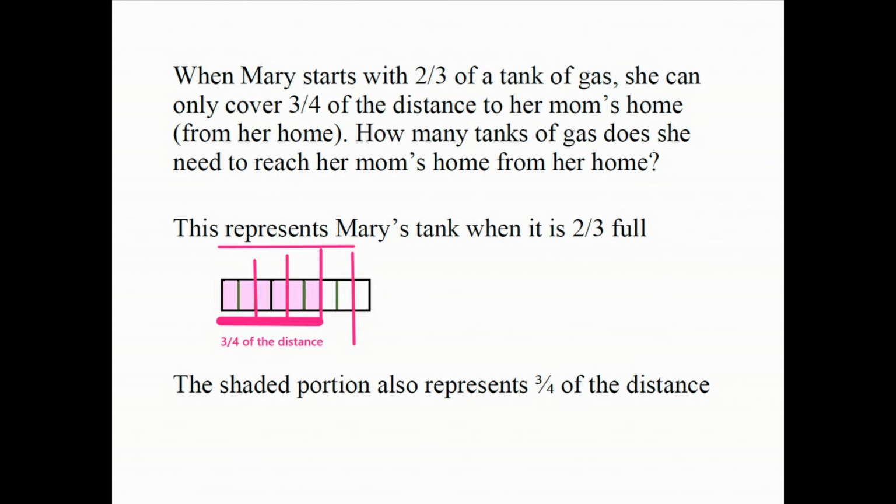How much gasoline would she need? Well, what part of the tank would she need to complete her trip? The answer has to be 8/9. Why? Because her entire tank is cut up into 9 pieces, and she will be consuming exactly 1, 2, 3, 4, 5, 6, 7, 8.